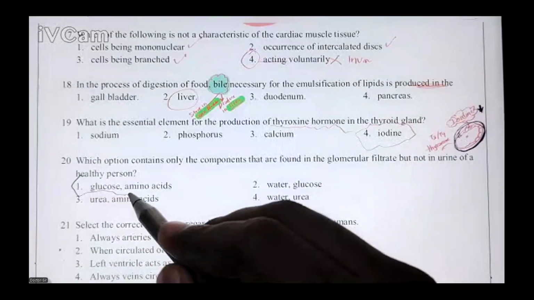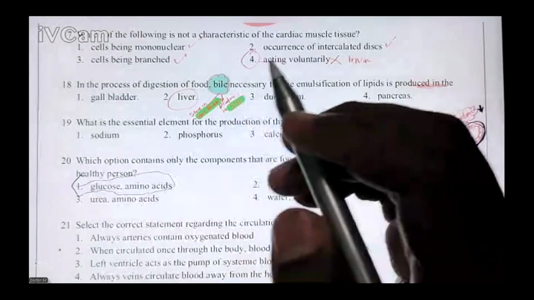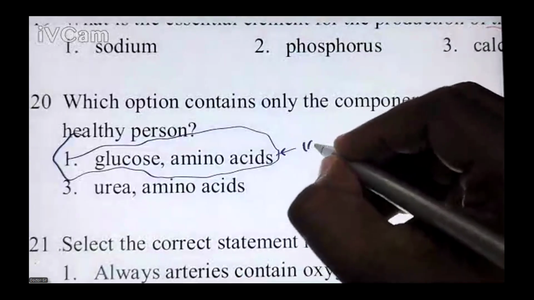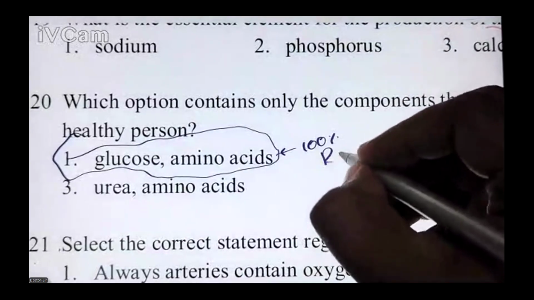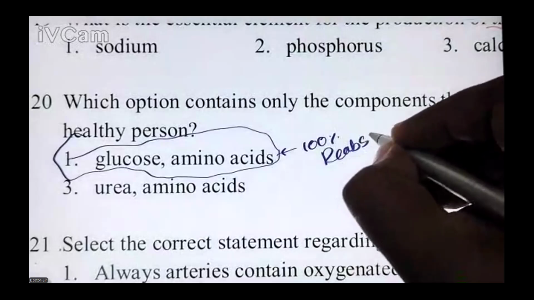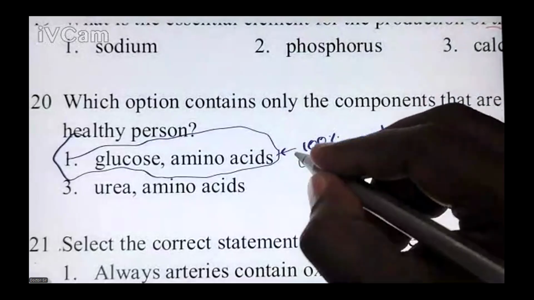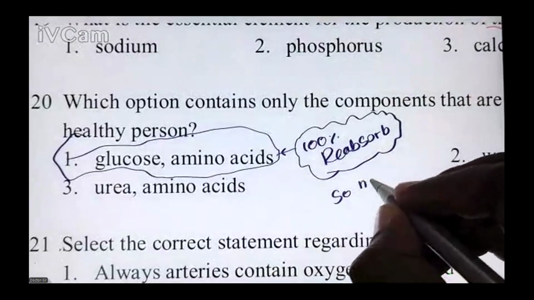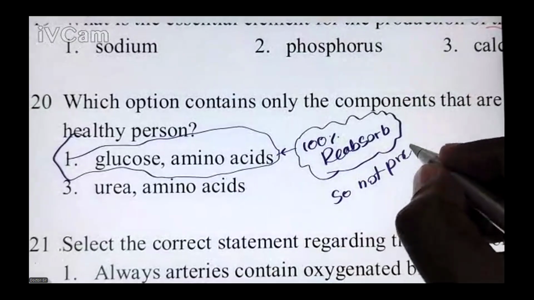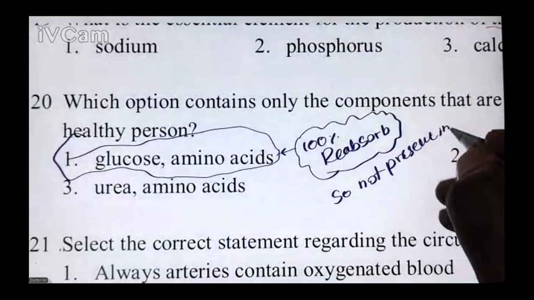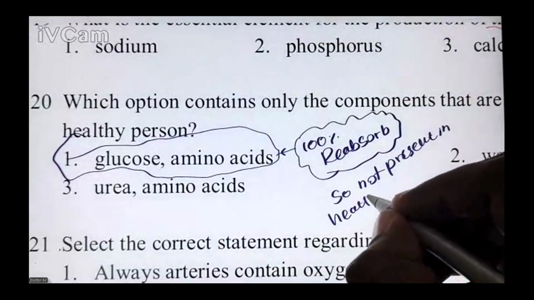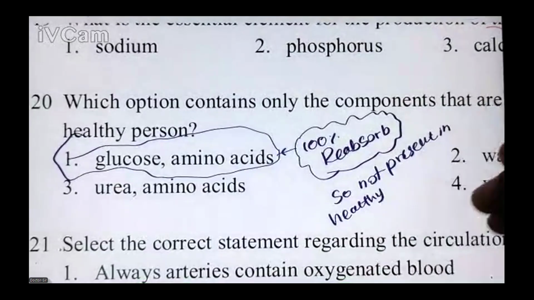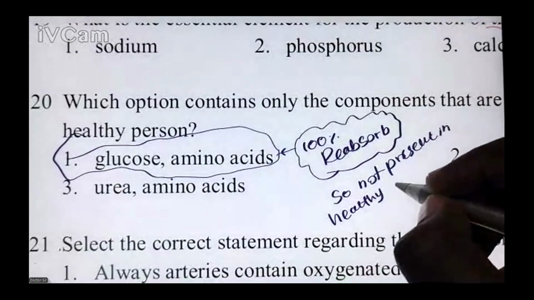Glucose and amino acids are filtered, but these two are 100% reabsorbed, so they are not present in healthy urine.